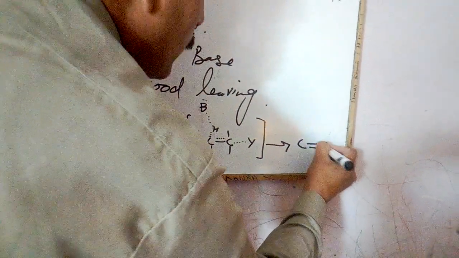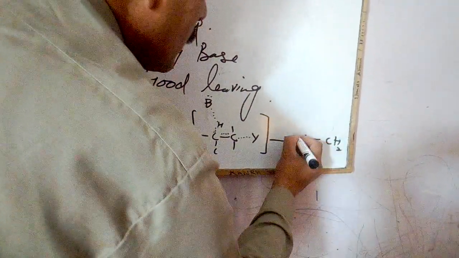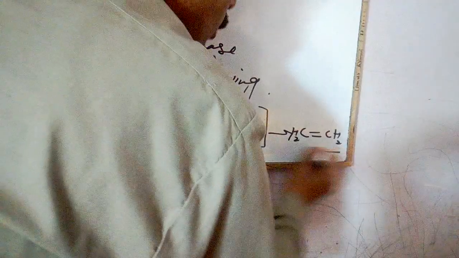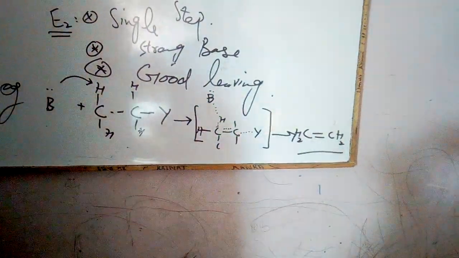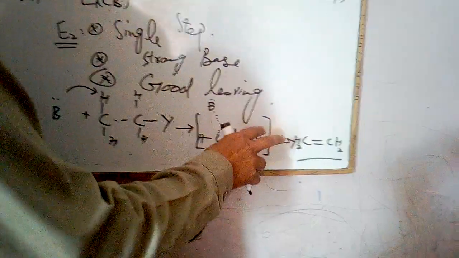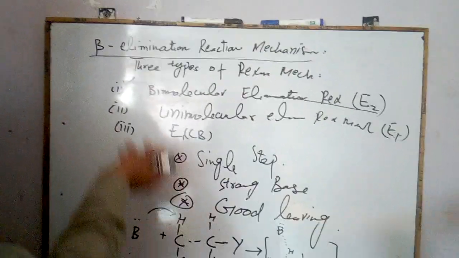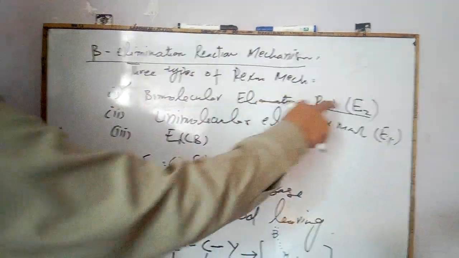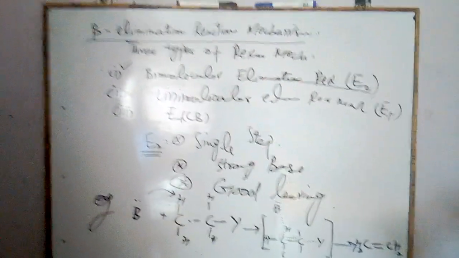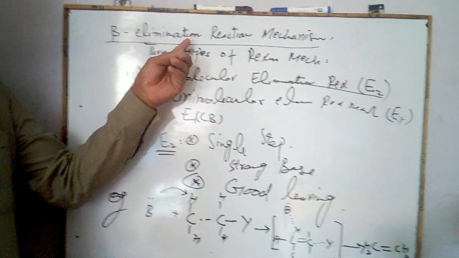A new double bond is also formed, so we will get this product. This is the final product of the beta elimination reaction through the E2 reaction mechanism.